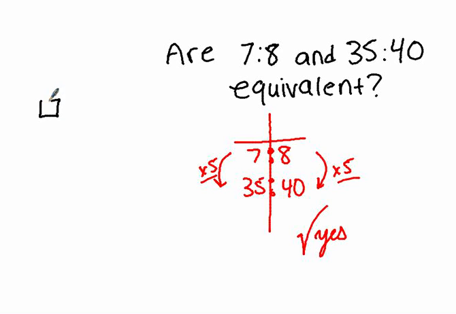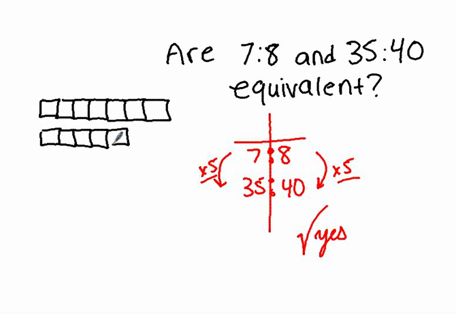So if it's a 7 to 8 ratio, 1, 2, 3, 4, 5, 6, 7 to 8, and it's saying you're going from that 7 to 35, which would mean each piece of your tape diagram would have to equal 5.